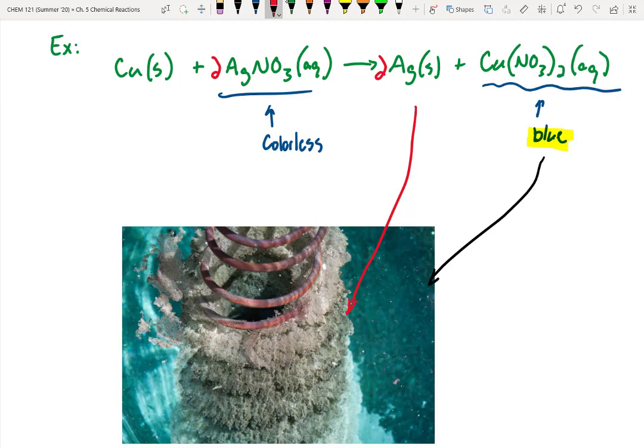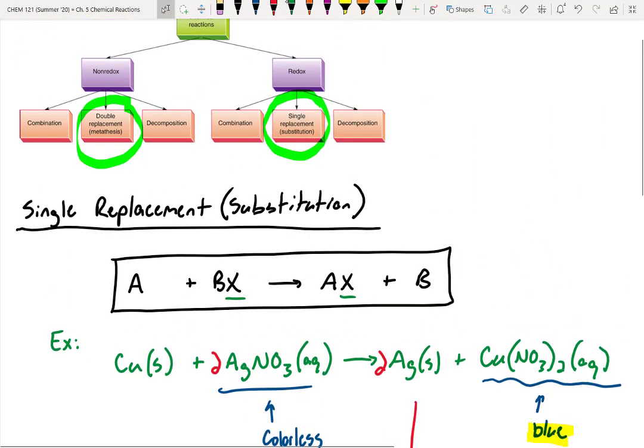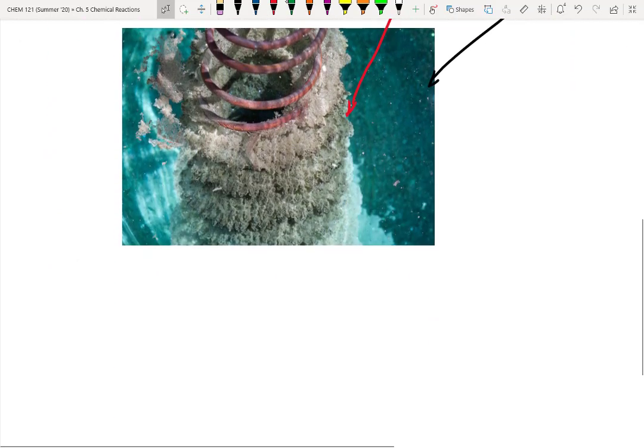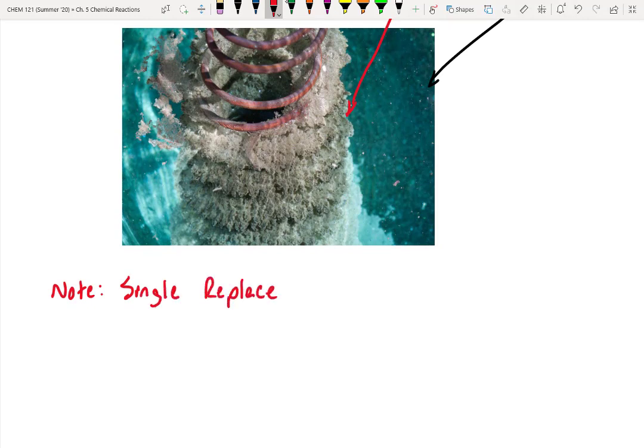The other thing you might notice is that single replacement reactions, meaning this reaction right here, are always under the redox category. So let's make a note here: single replacements are always redox reactions. The question is, why are they always redox reactions? The reason is that atoms are in their elemental state on one side.